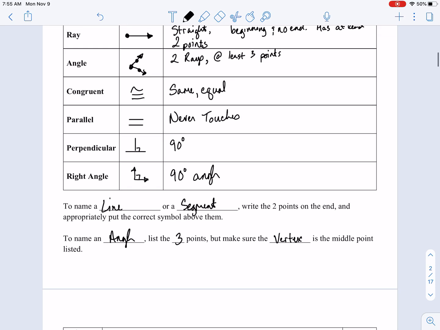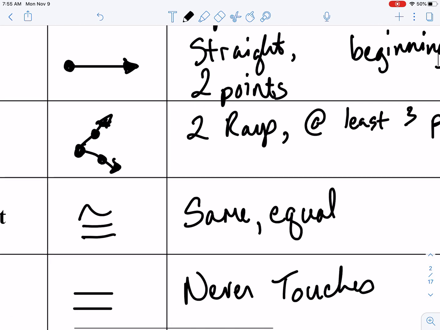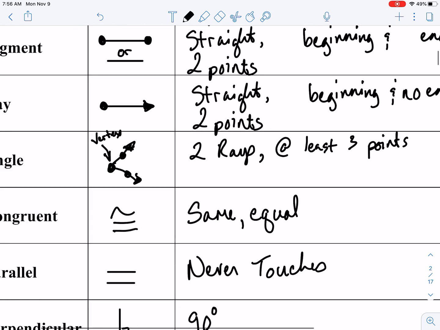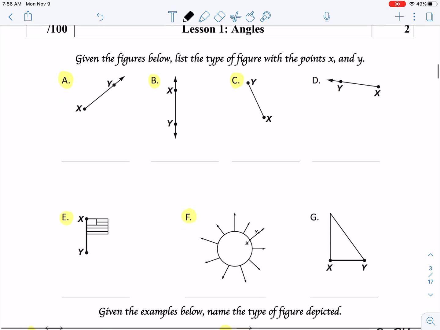So that's one definition that we didn't write. So I'm just going to come back up here and put an arrow to it. Your vertex is the point that's common to both of your rays.